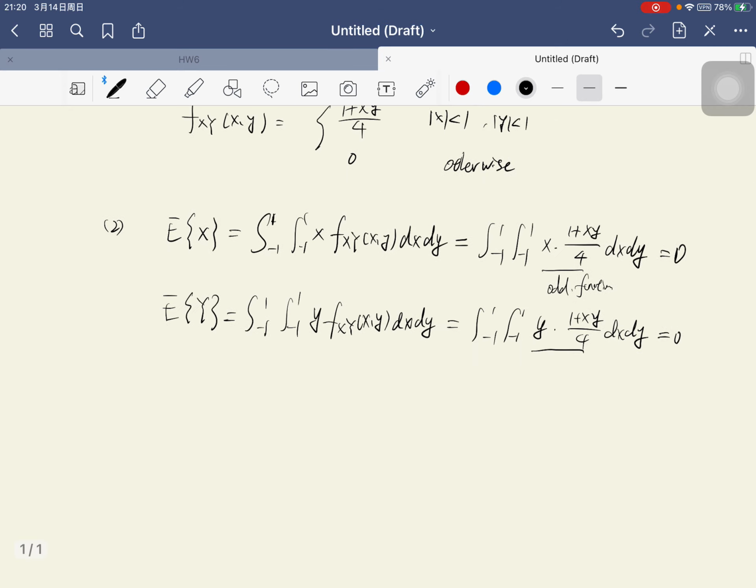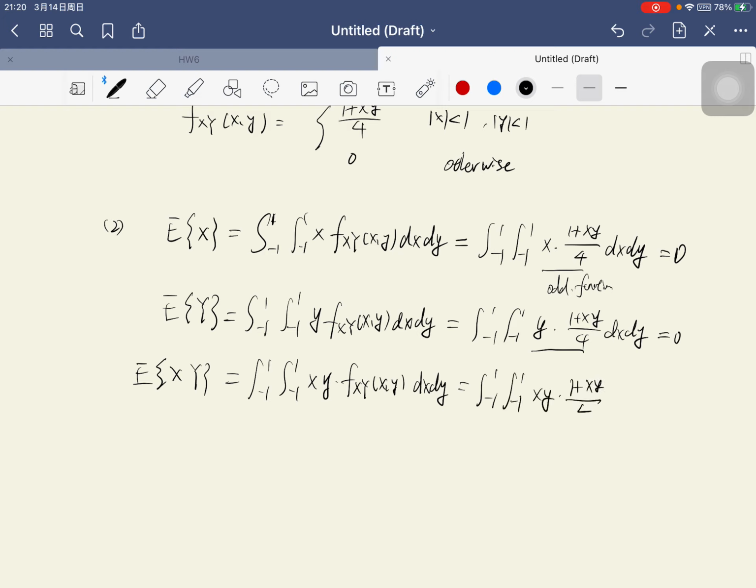And we want to compute the expected value of xy. It is equal to the integral of x times y times the density function, which is xy times 1 plus xy over 4 dx dy.